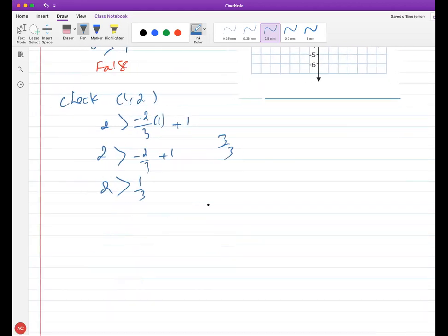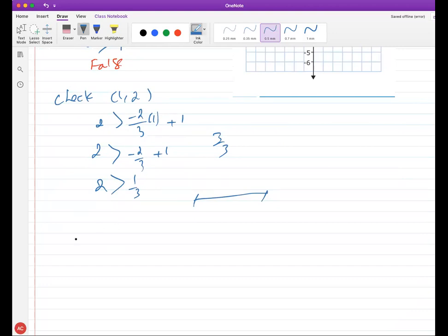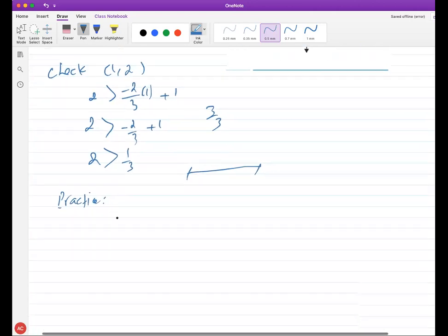Okay, let me give you a couple of these to do on your own. Solve by graphing.